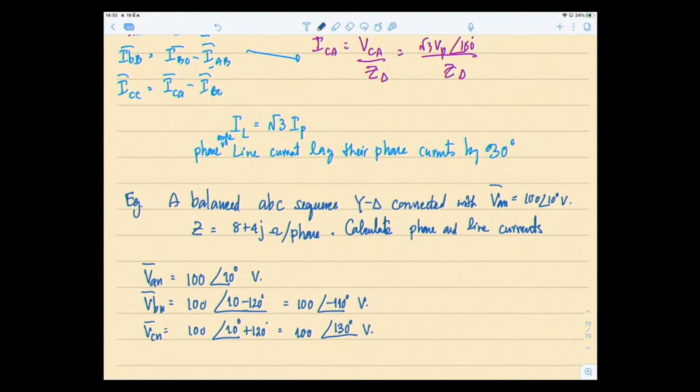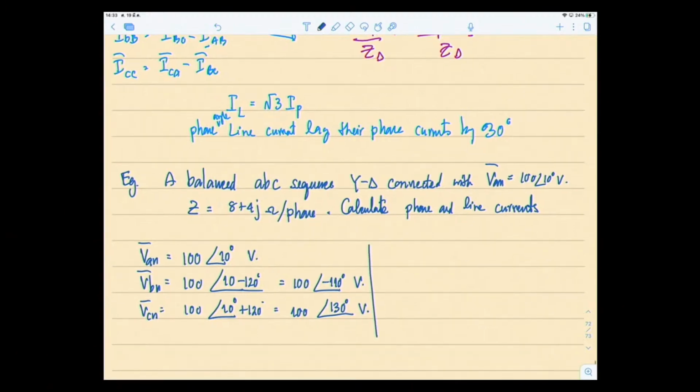So if you're going to calculate line voltage, VAB, if you do it mathematically with your calculator, it would be VAN minus VBN, right? So it'd be equal to 110 angle 0 degrees minus 110 angle minus 120.